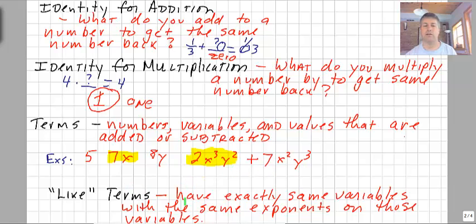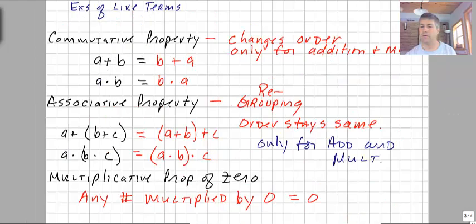Like terms have exactly the same variables with the same exponents on those variables. So x cubed y squared and x squared y cubed, while I have x and y, and I have cubed and squared, I don't have the same exponent on those variables. So what would be some examples of like terms?